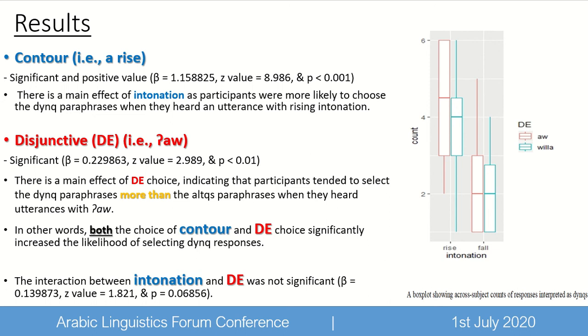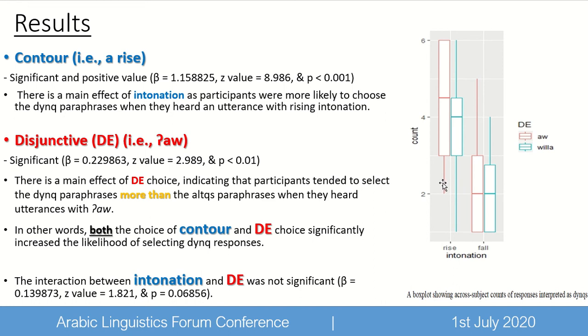In terms of the DE, also it was significant, and there was a main effect of DE choice, indicating that participants tended to select the disjunctive yes/no question more than the alternative question paraphrase when they heard utterances with أو, as you see here. So, in other words, both the choice of contour and the choice of DE were significant, but one of them was more significant than the other, as you can see here.